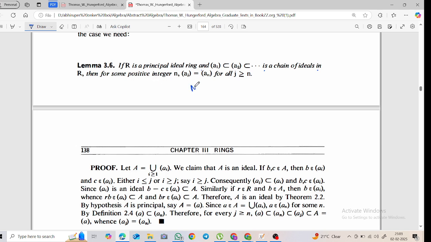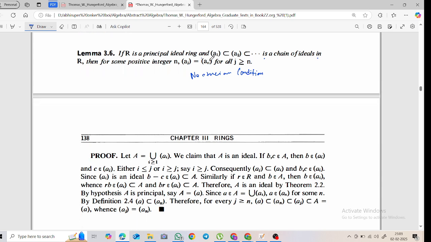This is called the Noetherian condition. I will give you 5 minutes to look at this proof. You have just 5 minutes.